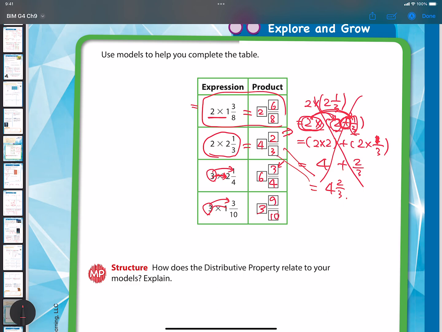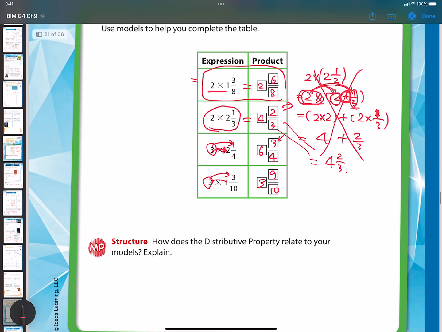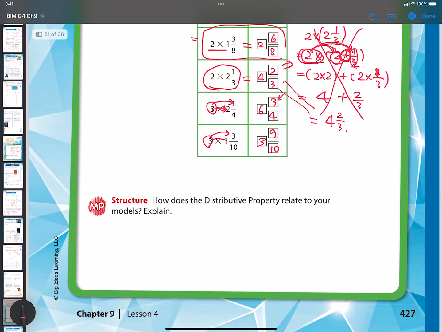So how does the distributive property relate to your models? Explain. You are able to distribute the whole number into the two parts of the mixed number. Okay, so I'm going to write it down.